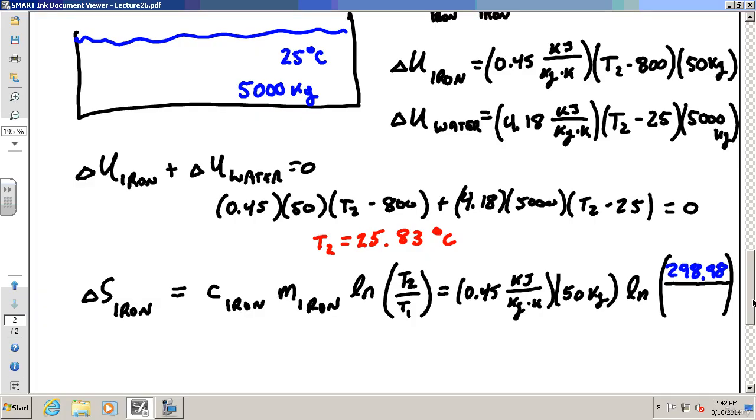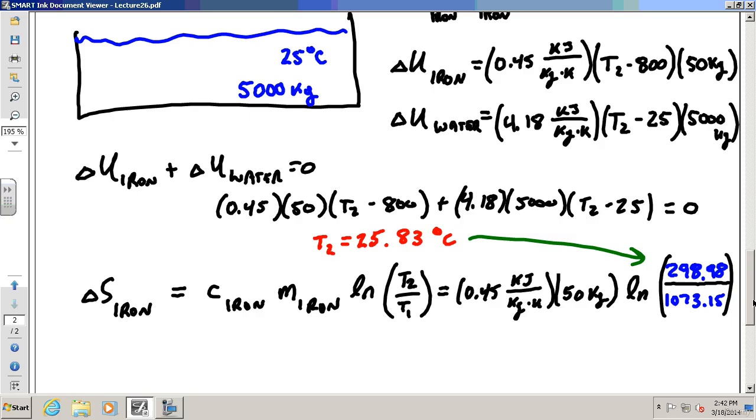So that's the same thing there converted to Kelvin. The initial temperature, by the way, is 800 degrees Celsius. If you convert that to Kelvin, you get 1073.15.